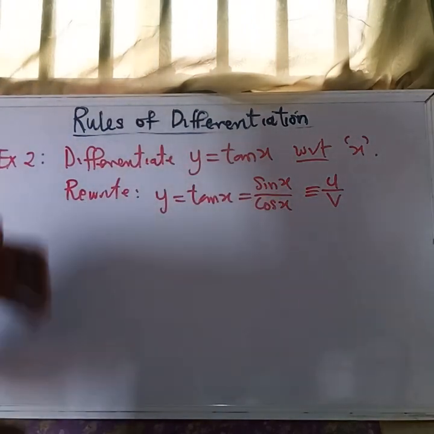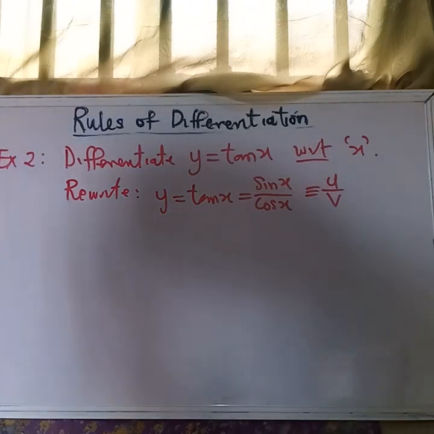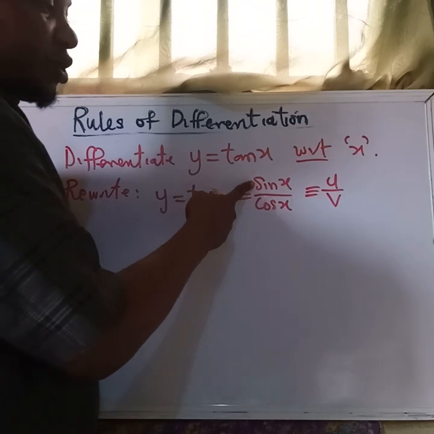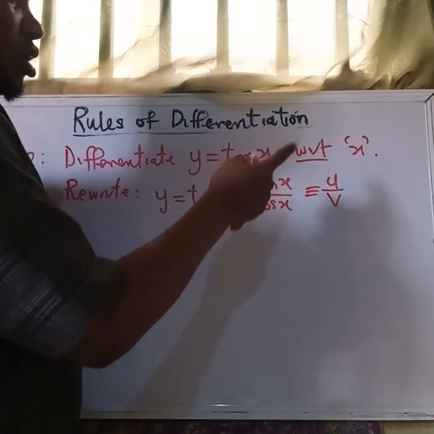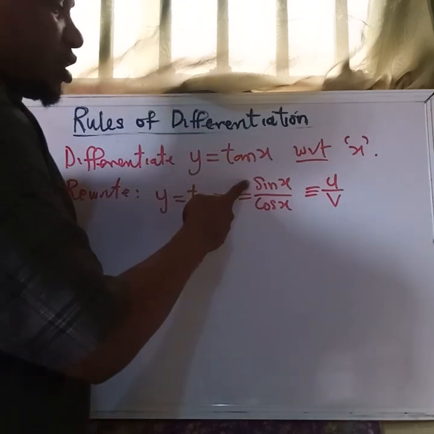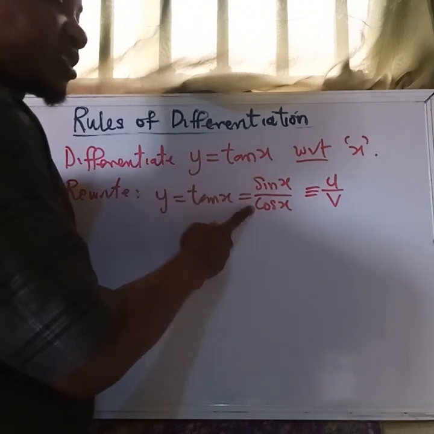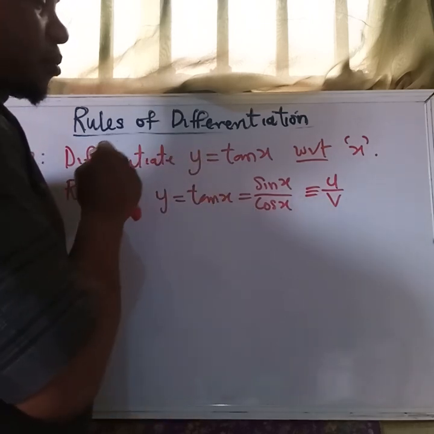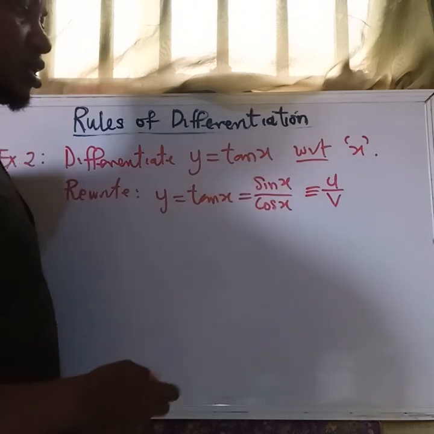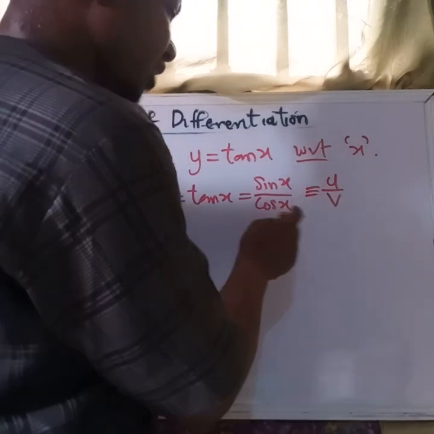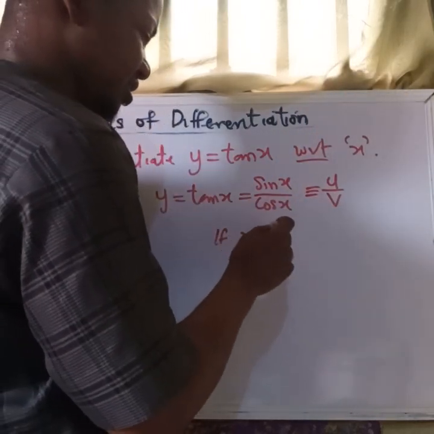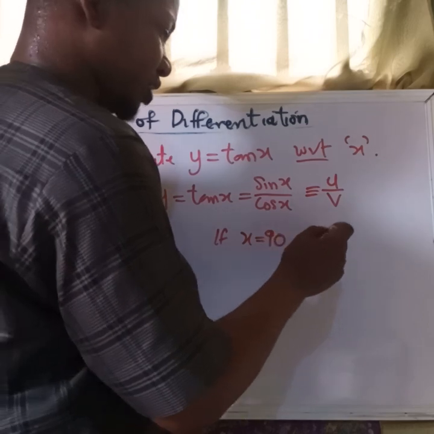We will recall that this function is differentiable everywhere, as we have given in our earlier video. Sine is differentiable everywhere, and cos x is also differentiable everywhere. But there are some points of x that will make the denominator 0, such as x equal to 90 degrees or pi over 2.